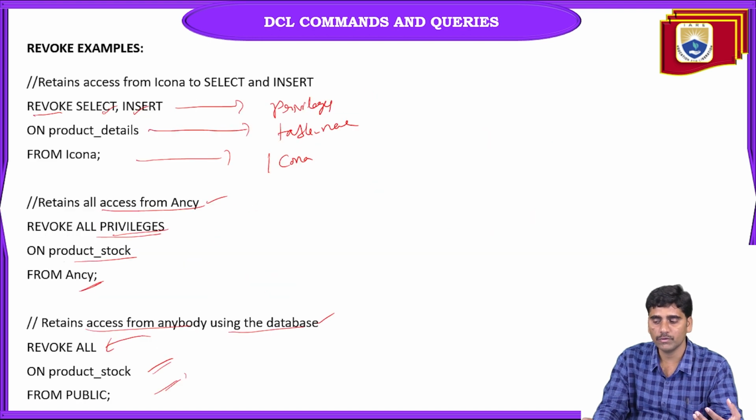The same way we can revoke the DML operations from a particular user on a particular table, revoke all privileges from a particular user, and revoke all on a table from all the users. So this is the process of granting and revoking.